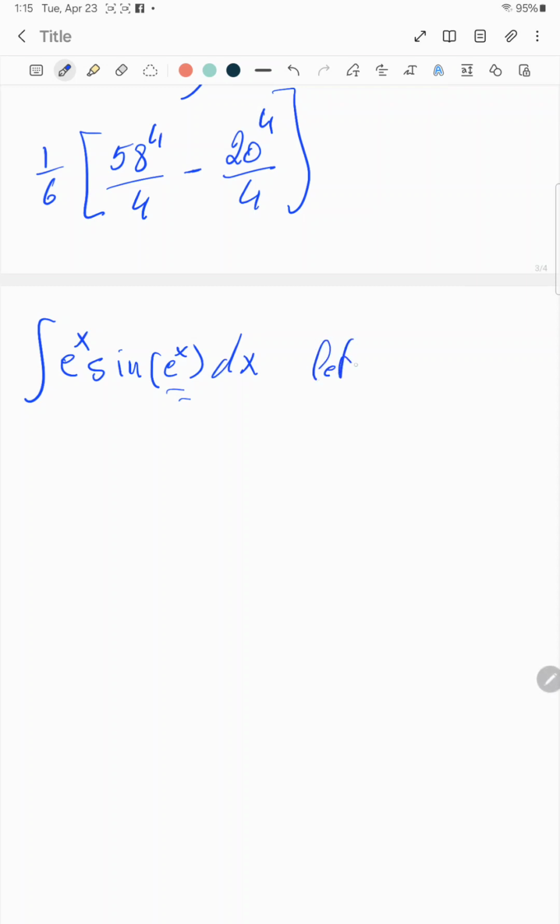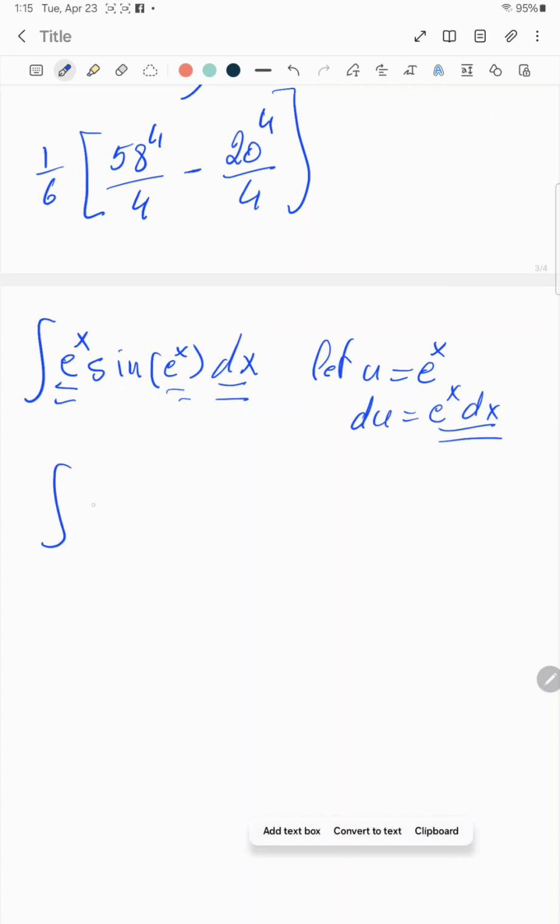So du equals e to the power of x multiplied by dx, and sine u. So it becomes sine u du.